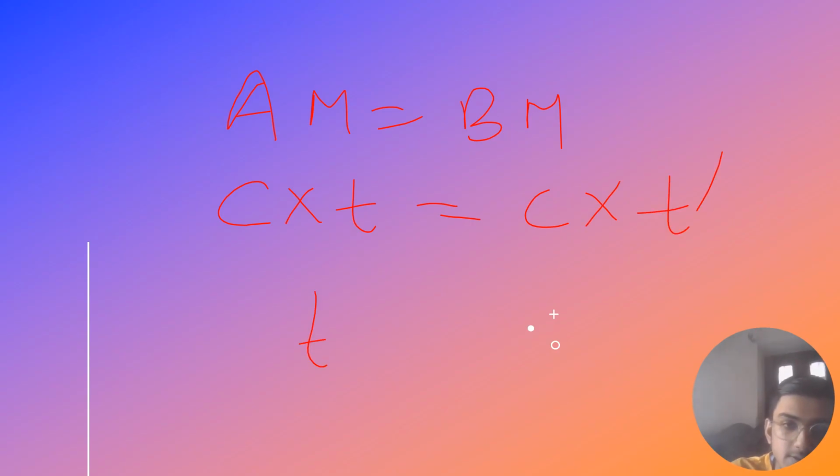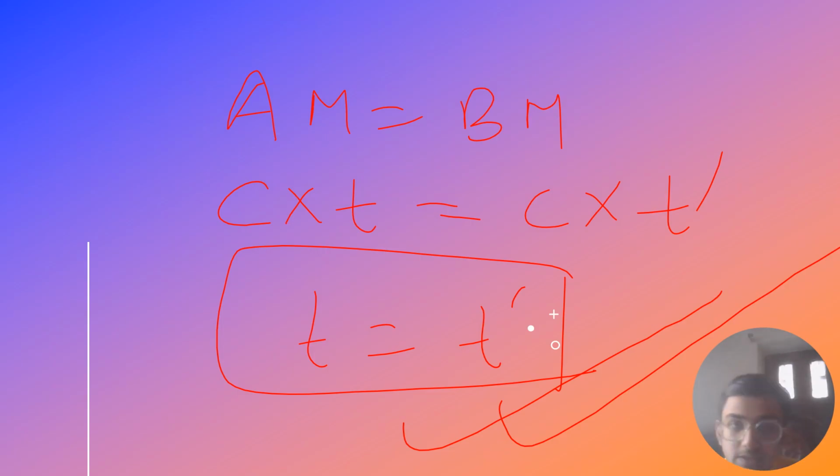So you can see that t is equal to t dash. This tells us that the time taken by lightning to reach point M from A is equal to the time taken to reach M from B.